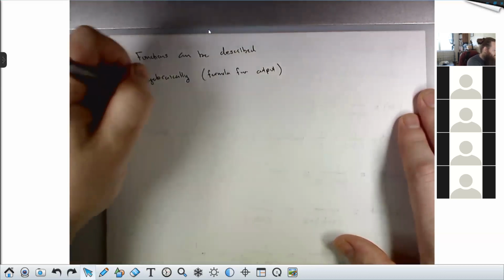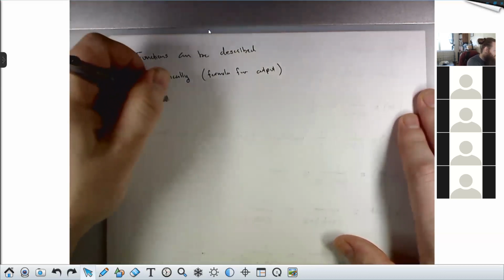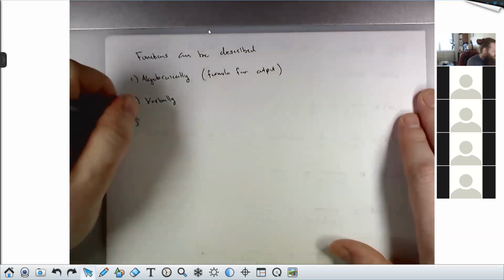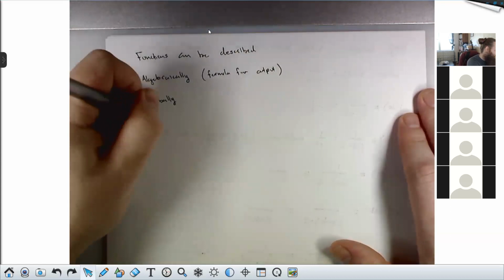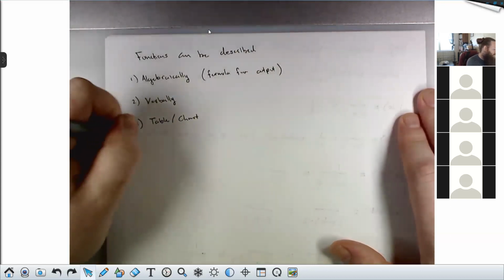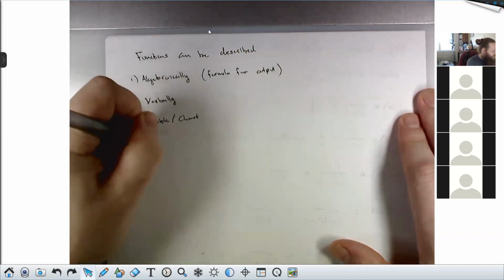They can also be described verbally. They can be described with a table or chart. And they can be described as a graph.